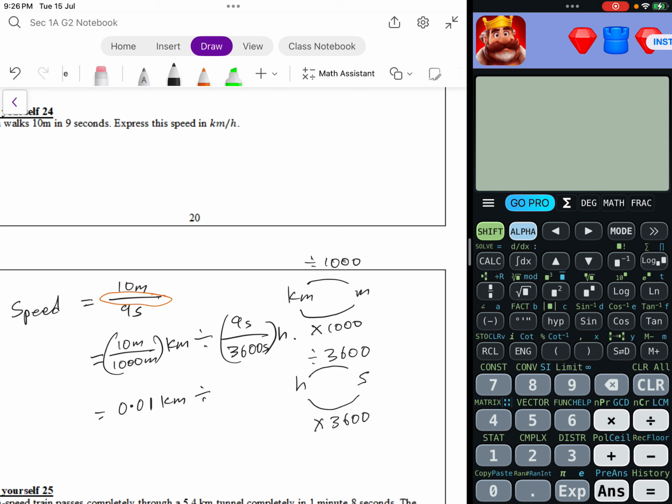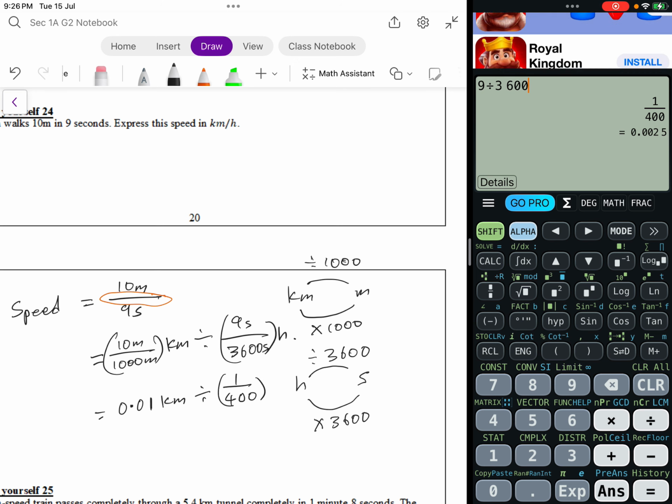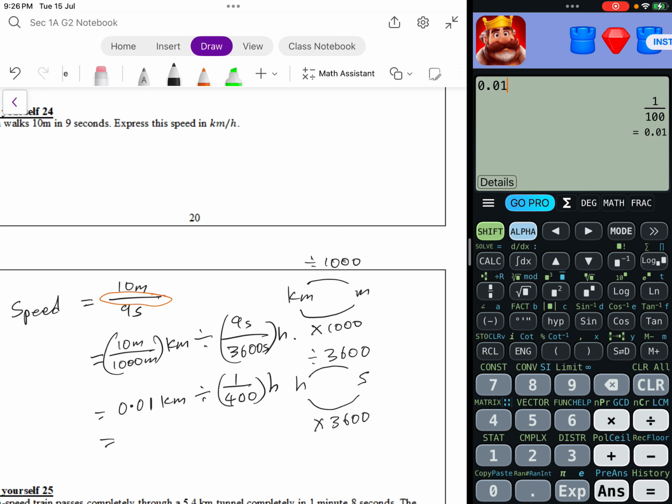Divide by 9 over 3600 is 1 over 400 hours. So from here, 0.01 divided by 1 over 400 is 4 kilometers per hour.